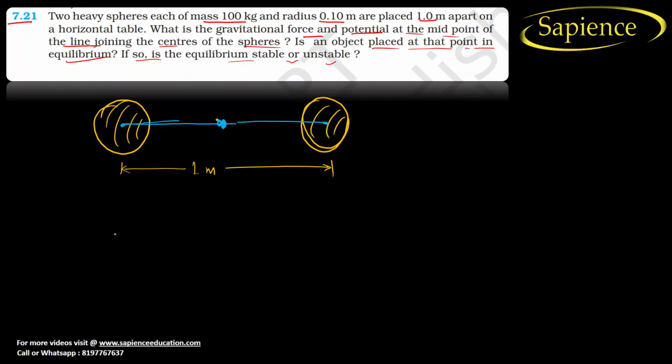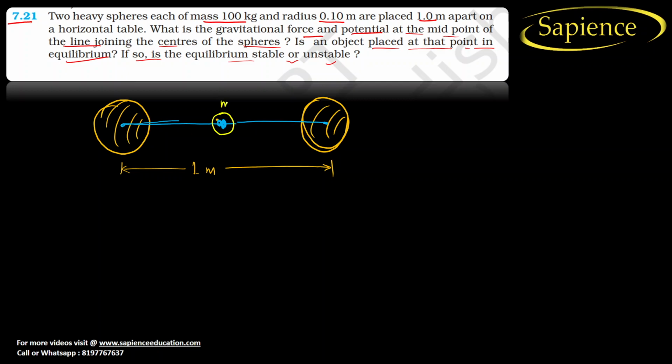So we need to find the force. First of all, we need to understand the force. Whatever force there is, let us consider if we keep a mass at this place, what will happen?